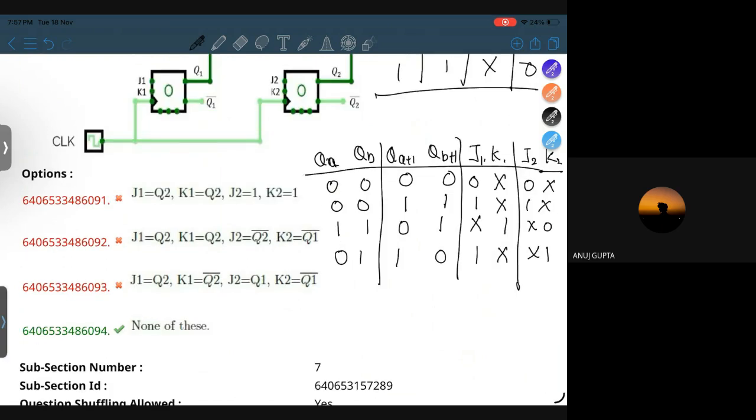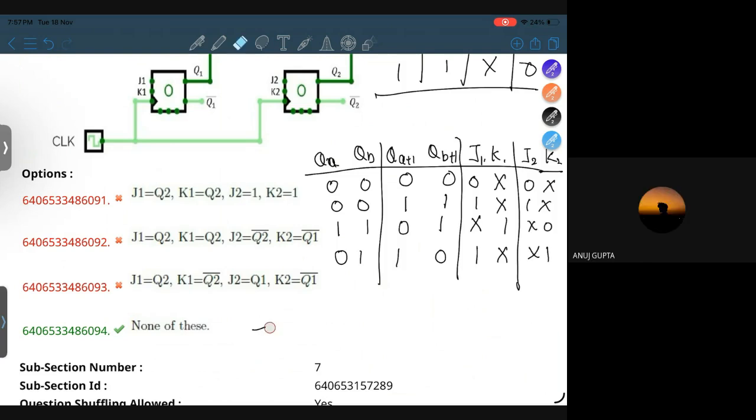Okay, so for the J1, maybe you cannot figure out any equation. That's why it's incorrect.